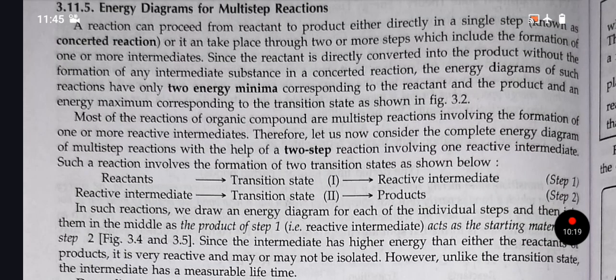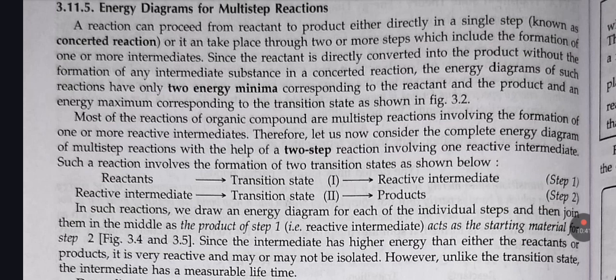Energy diagram for multi-step reactions. A reaction can proceed from reactant to product either directly in a single step, known as a concerted reaction, or it takes place through two or more steps, which include the formation of one or more intermediates.